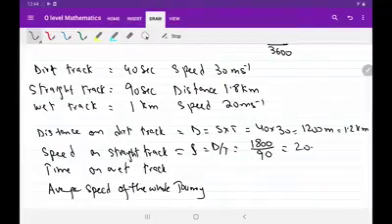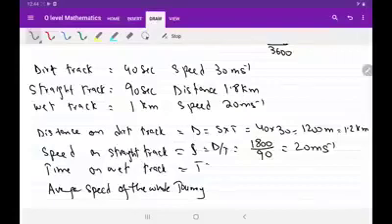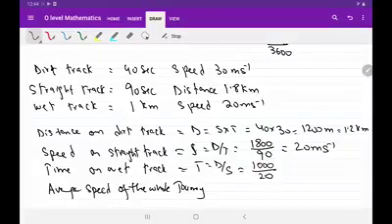Time on wet track is distance upon speed. Distance is 1 kilometer, 1000 meters, and 20 meters per second. Time is 50 seconds. The formula for average speed is total distance upon total time.